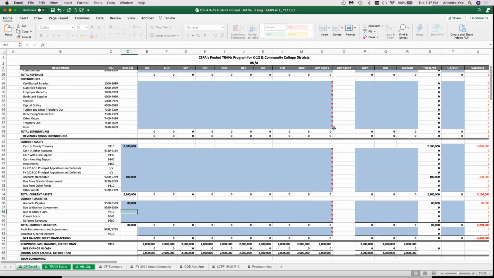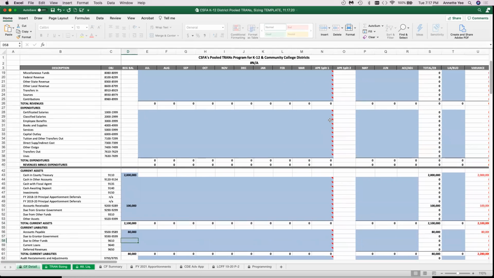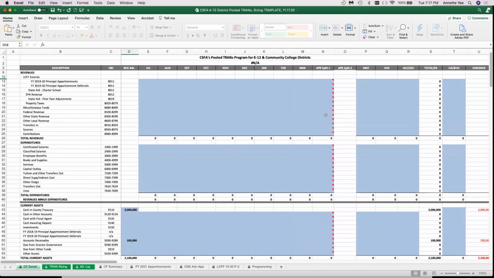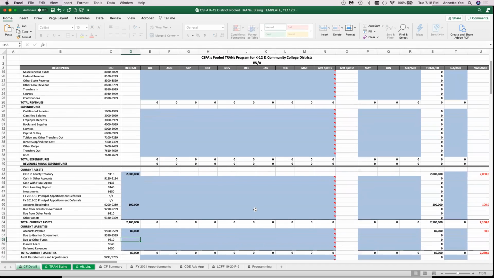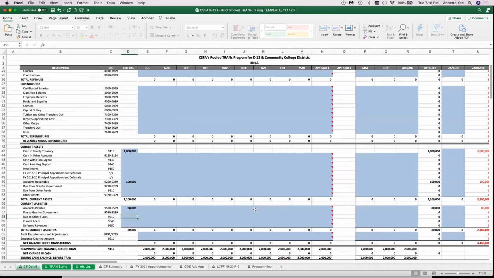Most people seem to understand the transactions when we're putting in the income statement, because it's revenues we're receiving and expenditures going out, but the balance sheet can get a lot more tricky. That's why we wanted to talk about it.